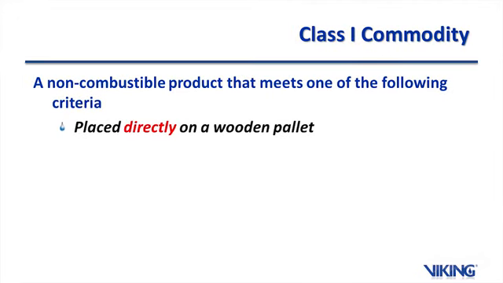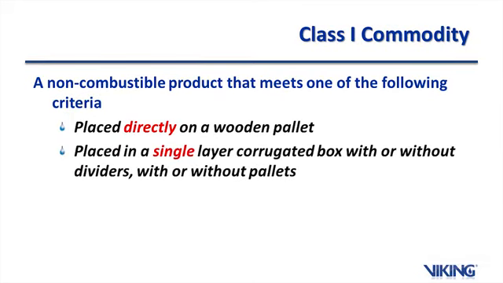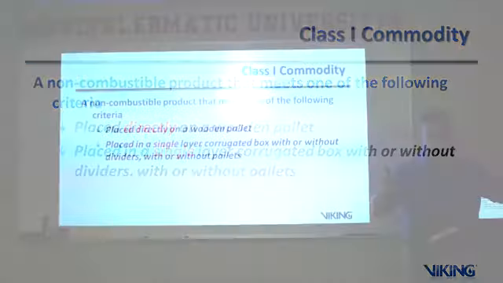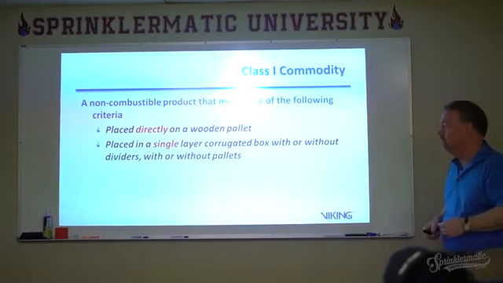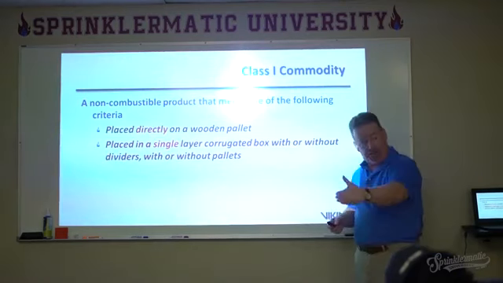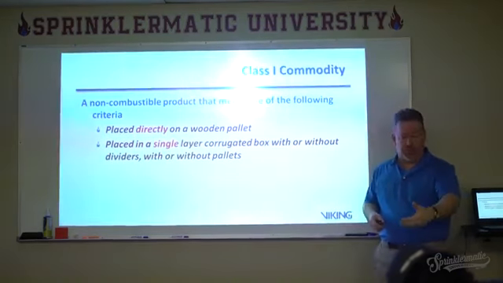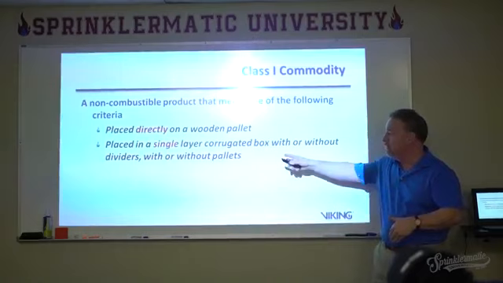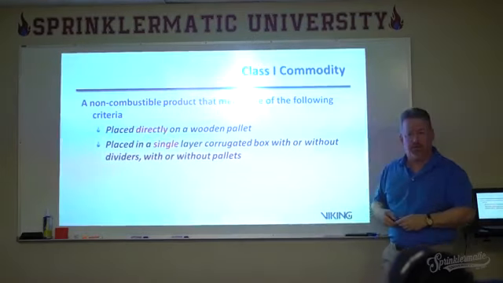It's either placed directly on a wooden pallet, so it's a solid non-combustible commodity on a wooden pallet, or it may be placed in a single layer corrugated box with or without dividers and with or without pallets. So we could have a non-combustible material placed in a cardboard box. Now the cardboard box is combustible packaging, but it's only a single layer in this case.